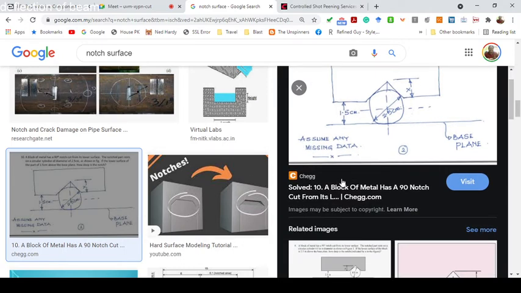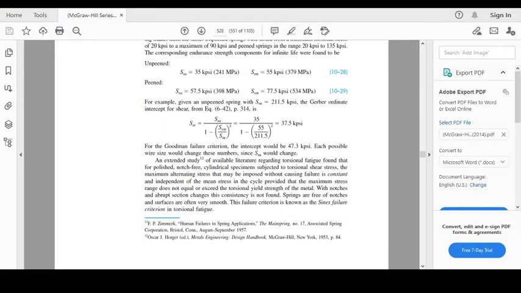That is why we have to avoid notches in springs. A spring must be notch free, with a polished surface, there are no notches on the surface of a spring. Then the alternating stress can be imposed without failure.